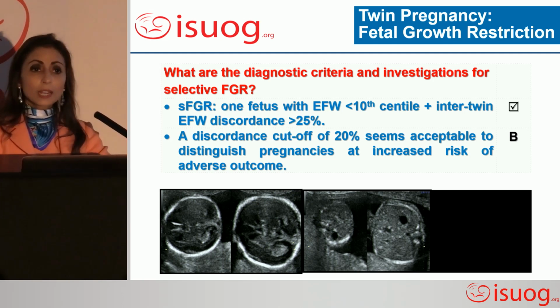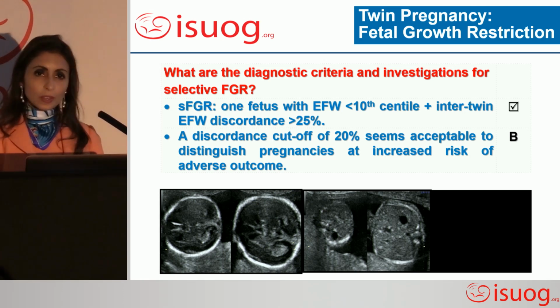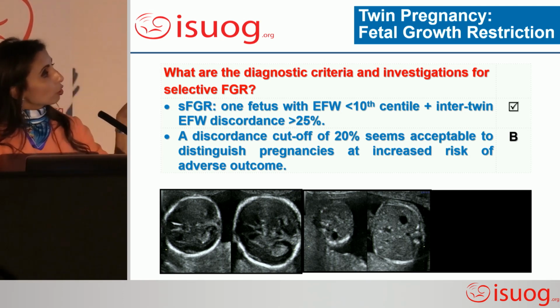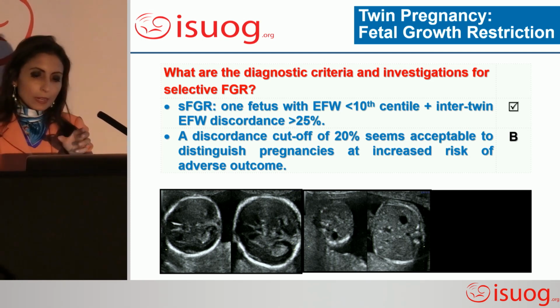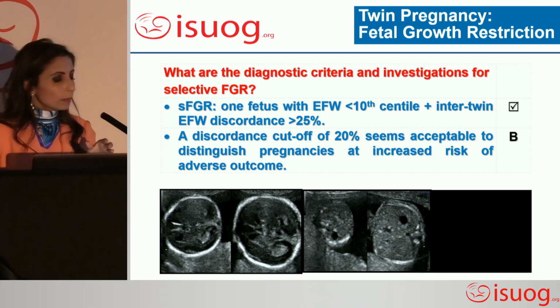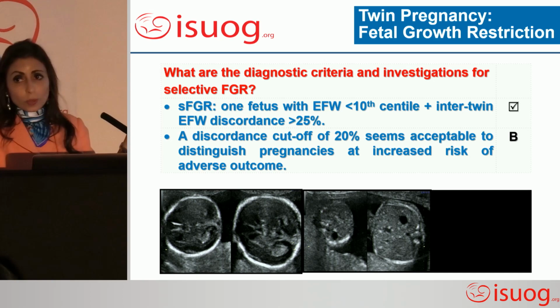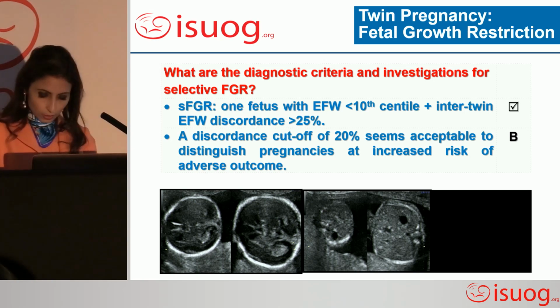So one baby less than the 10th centile would be selective fetal growth restriction in a dichorionic twin. Whereas in a monochorionic twin pregnancy, you have one baby less than the 10th centile plus a discordance of 25%, but also highlighting that if it's 20%, you should really monitor this pregnancy carefully, because it's still at risk.